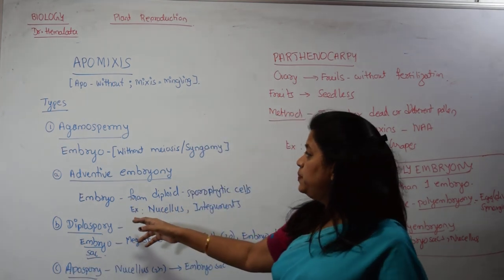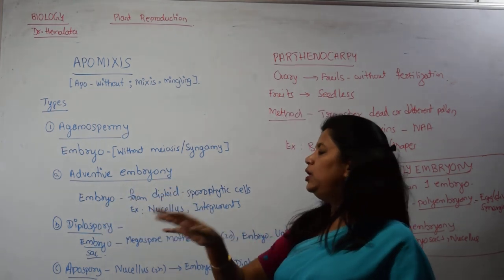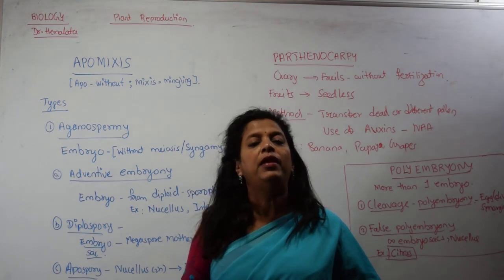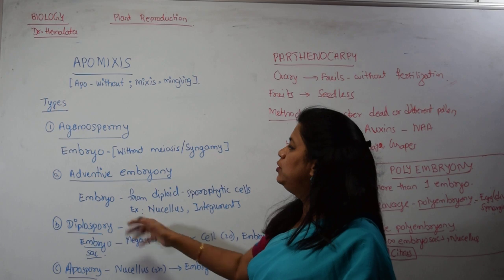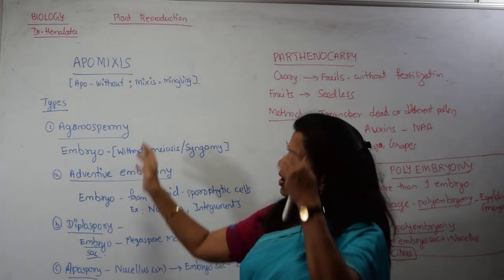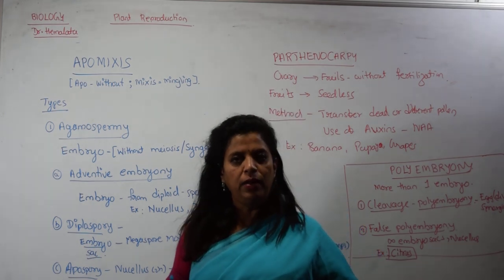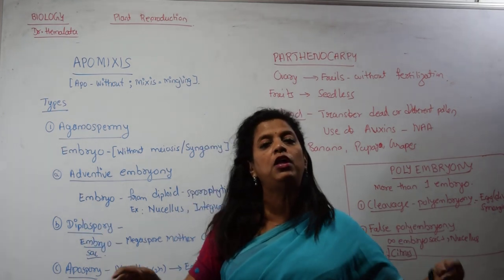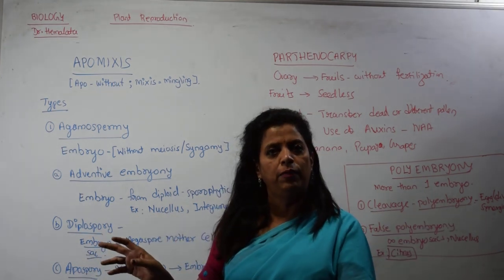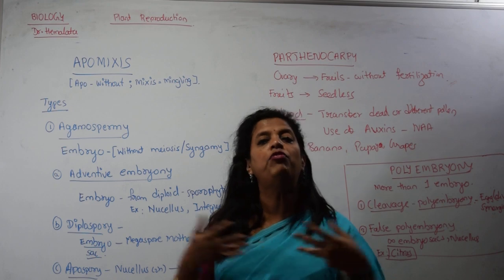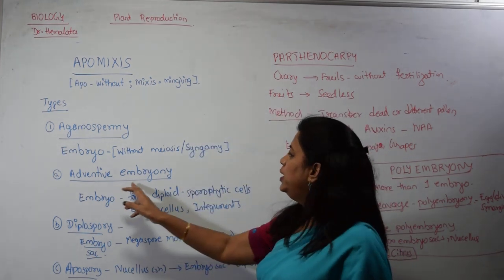But I am explaining here that the adventive embryo is developed from the diploid sporophytic cell like the nucellar cell or the integument cells. All these are diploid in nature. Therefore, the embryo is formed in a diploid condition only. But they are not undergoing meiosis. They are formed without fertilization, without mixing of the male and female nuclei. So this is adventive embryony.